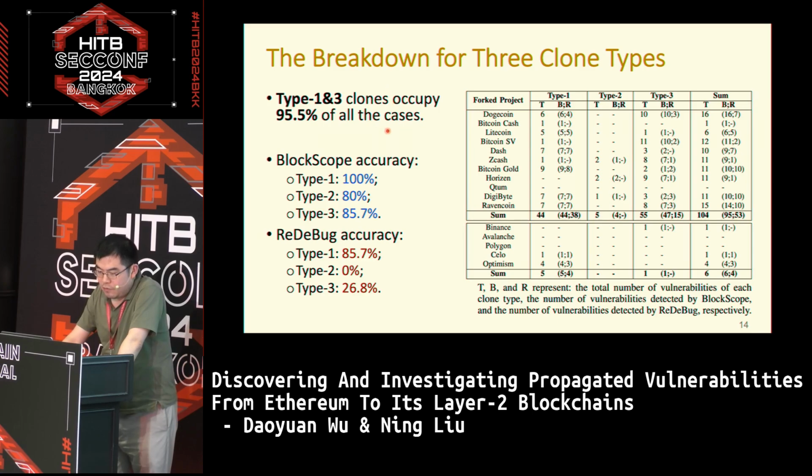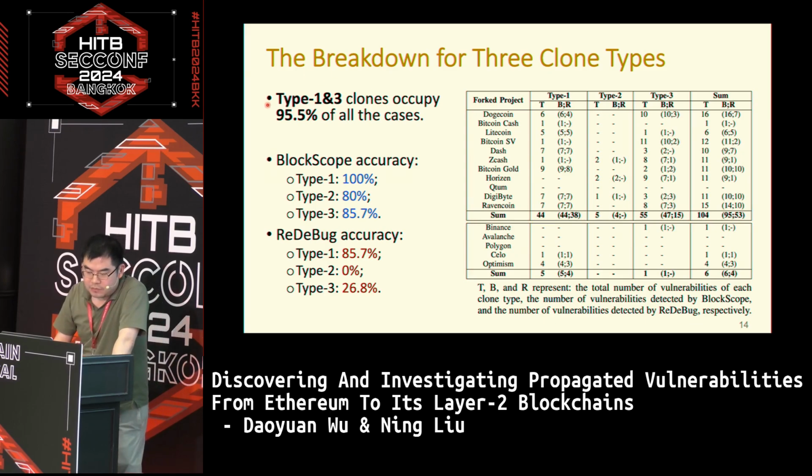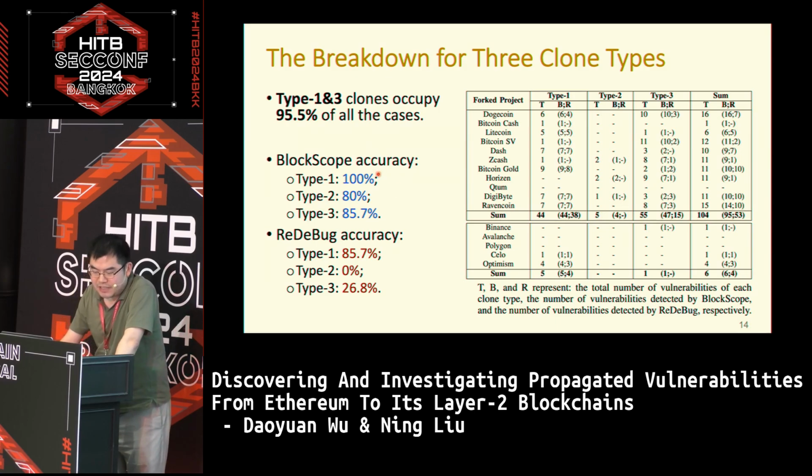For the Bitcoin and Ethereum cases, most of those vulnerabilities come from type 1 or type 3. That means they either only deleted some comments or blank lines, or they added their own logic.